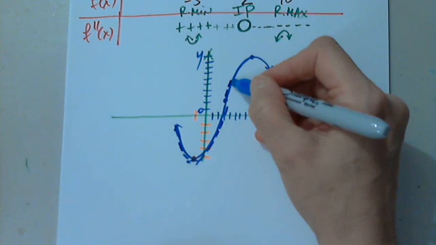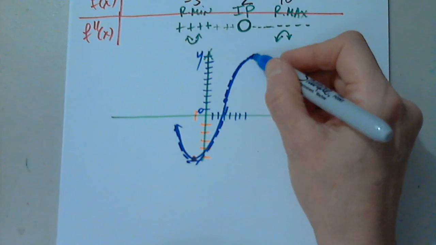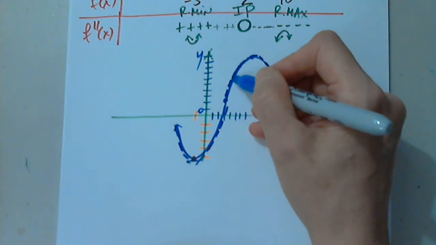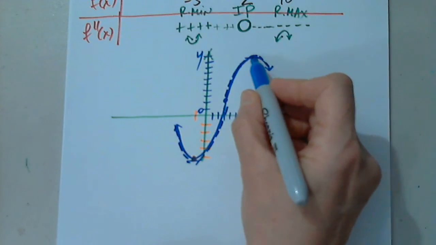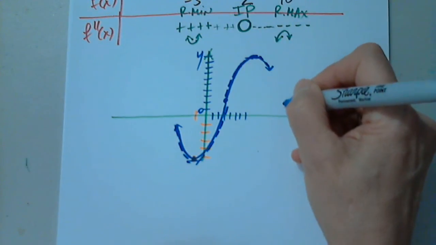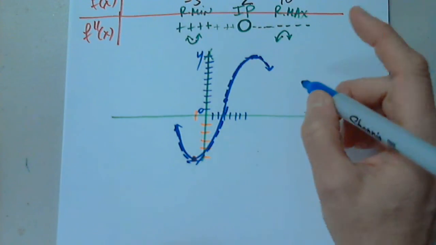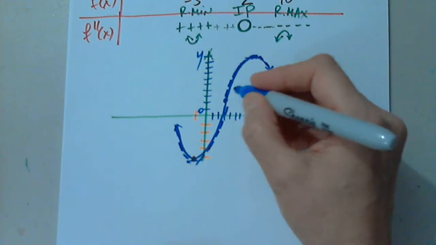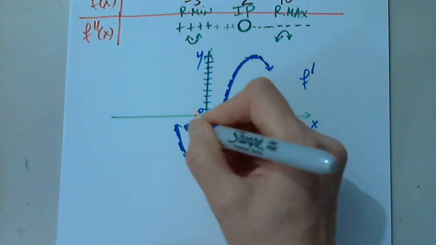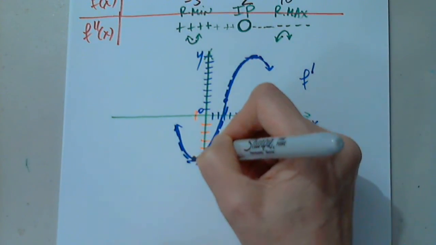But now look what happens to the derivative. It's decreasing. Huge positive, smaller positive, 0, negative. So when the function is concave down, the rate of change, which is the first derivative, is decreasing. When the function is concave up, the rate of change is increasing.